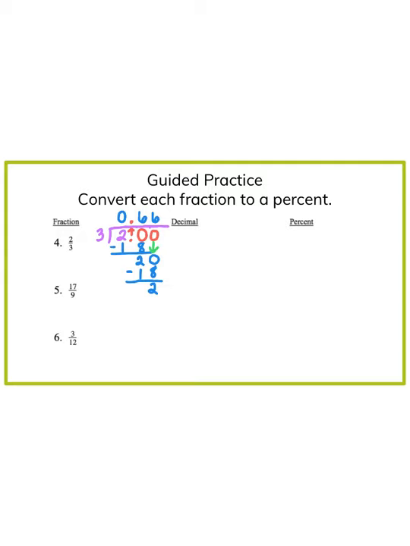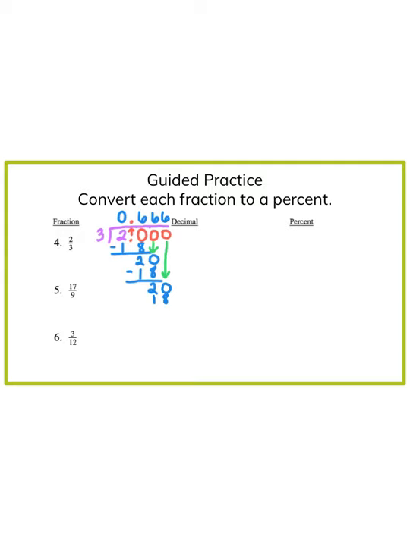So again, I'm going to add another 0 to my dividend and bring it down. 3 can go into 20 6 times. I'm noticing a pattern here. If I continue on with my division problem, it will never end, and I will always get a 6 when I'm trying to divide. So I have what's called a repeating decimal.